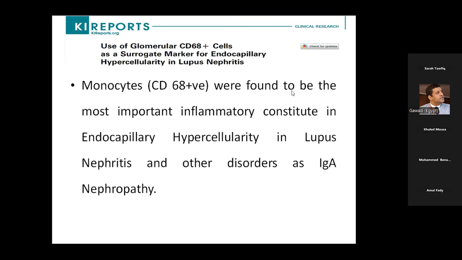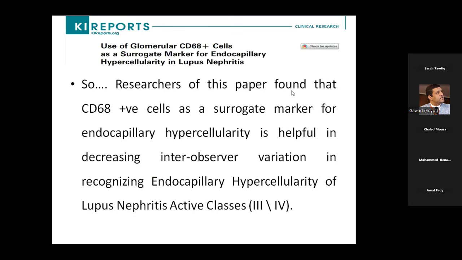So they used CD68, a marker that labels monocytes, which were found to be the most important inflammatory constituent in endocapillary hypercellularity in lupus nephritis and other disorders such as IgA nephropathy. The researchers found that CD68 positive cells as a surrogate marker for endocapillary hypercellularity is helpful in decreasing the inter-observer variation in recognizing endocapillary hypercellularity of lupus nephritis active classes, which are 3 and 4.